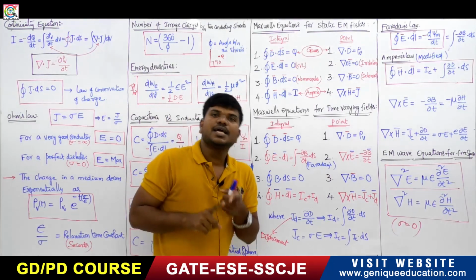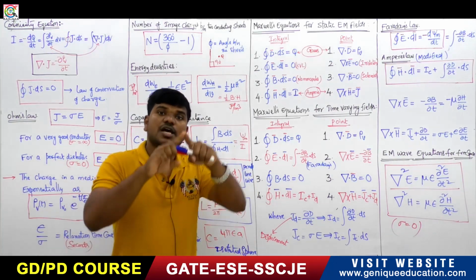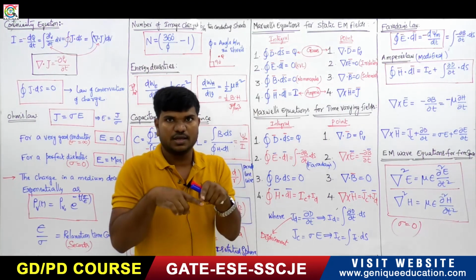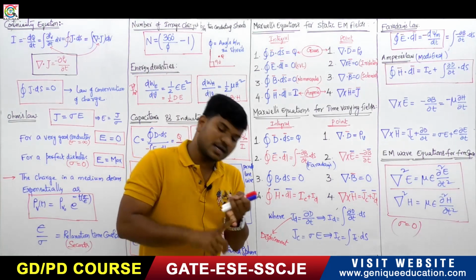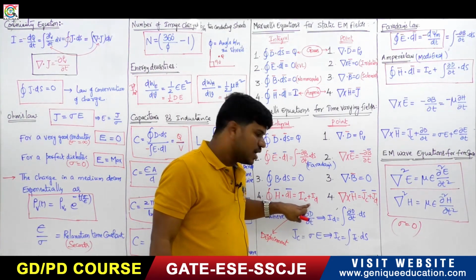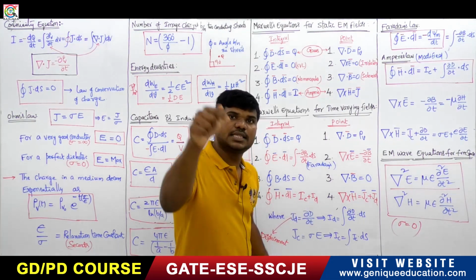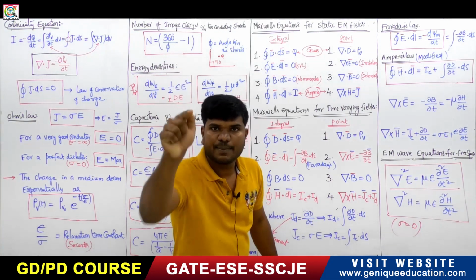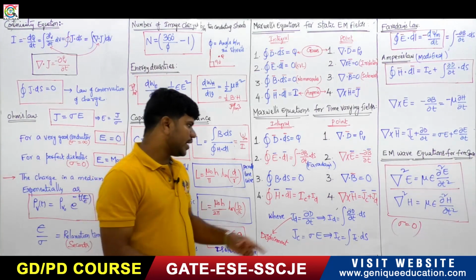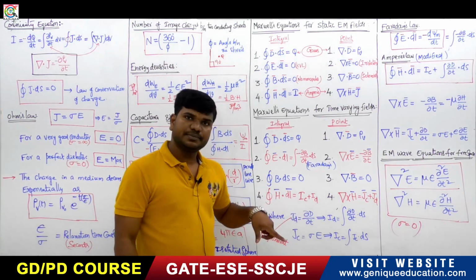The conduction current is equal to the displacement current within the capacitor only. Outside this we cannot guarantee that. But IC is equal to ID.